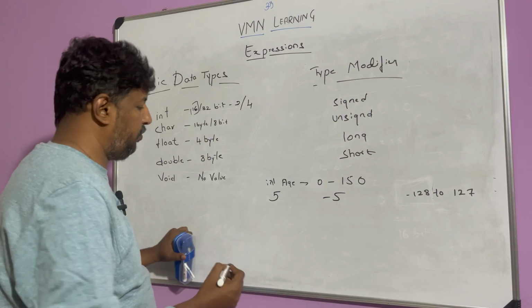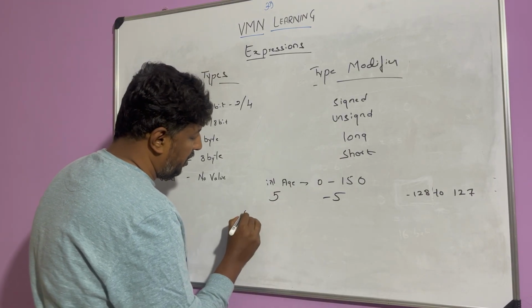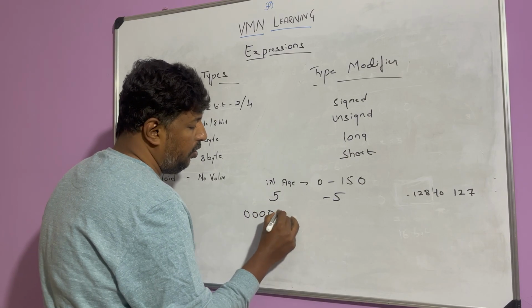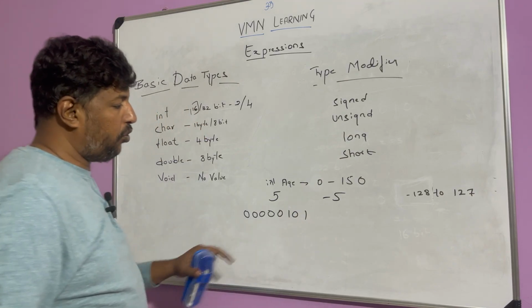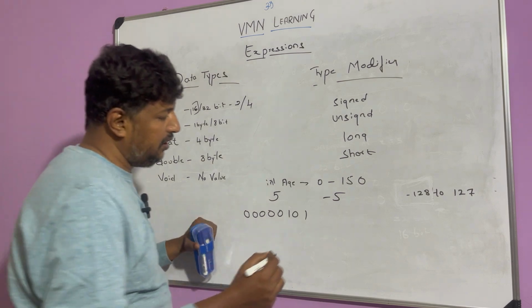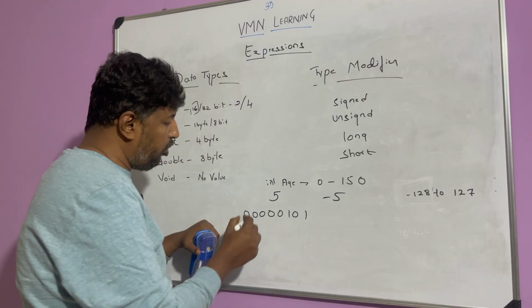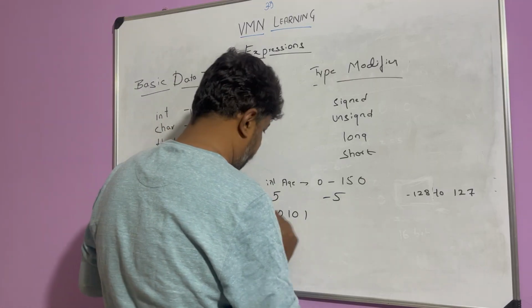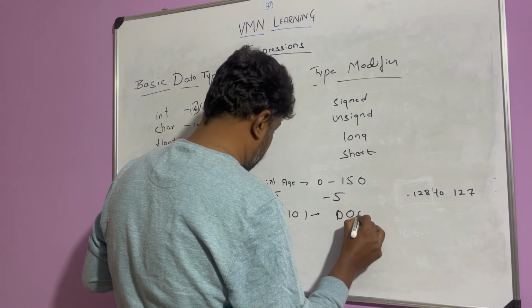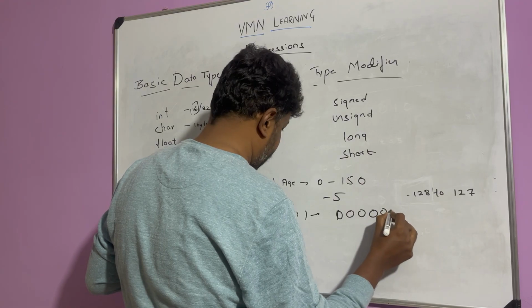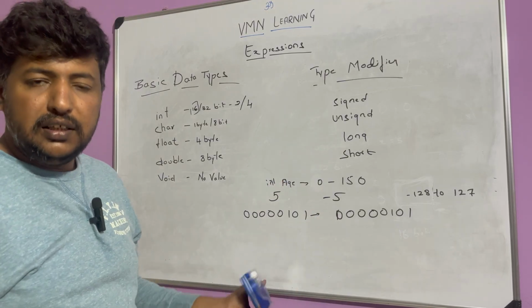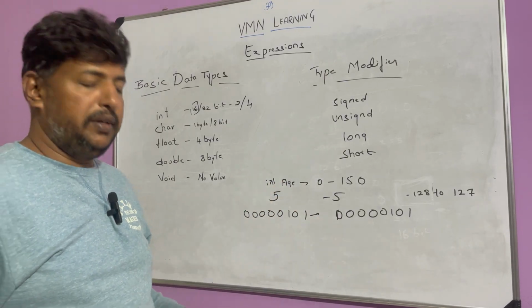How are these both stored? 5 will be stored, for an 8-bit machine, as 0 0 0 0 0 1 0 1. This is the positive number. The negative one starts the same as the positive, but we have to make it 2's complement.